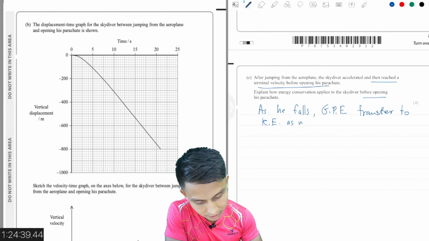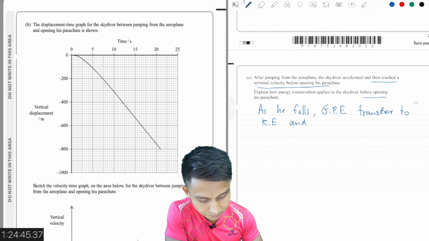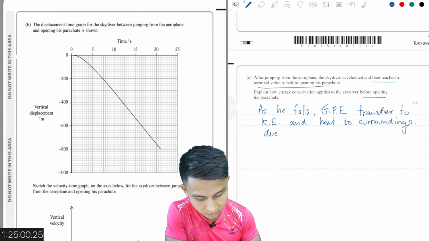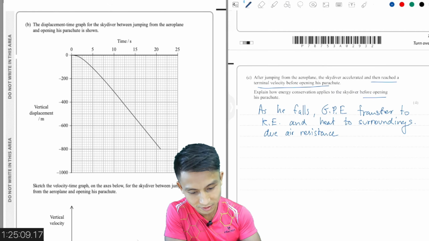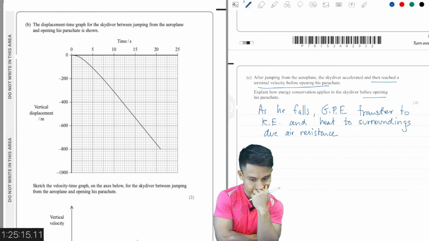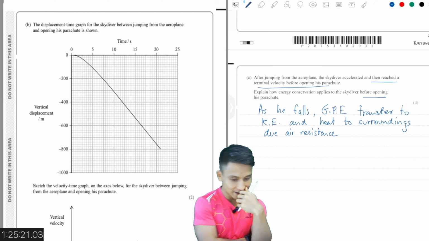And as well as, well, just going to write, heat to surroundings. Yeah, due to friction, due to air resistance of air. Okay. And is that it? GPE transfers to KE and heat to the surroundings.